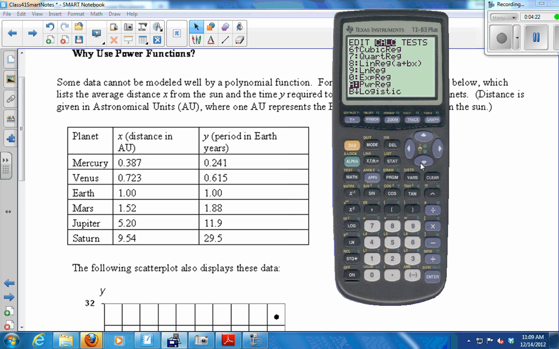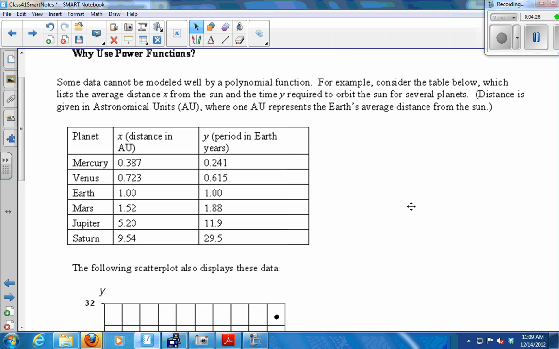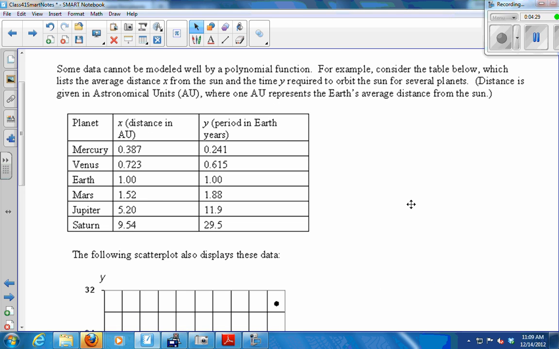So power and logistic is what we're going to talk about today. In this example, we have some data on planets, and we measured their distance from the sun and the period required for orbit, the length of time it takes to orbit the sun.